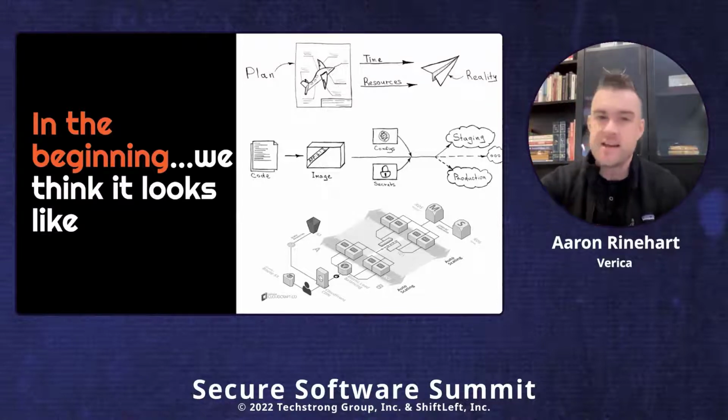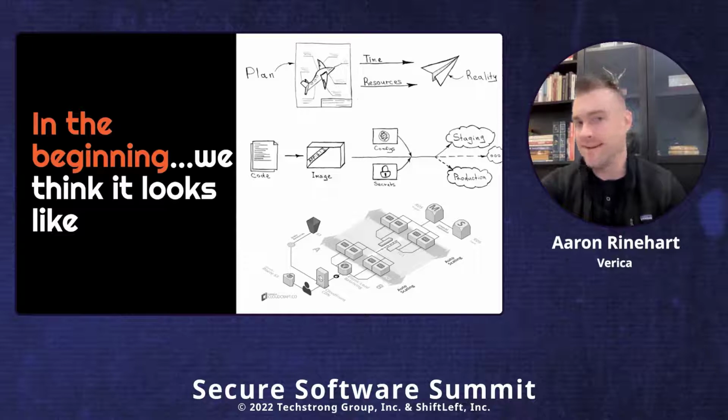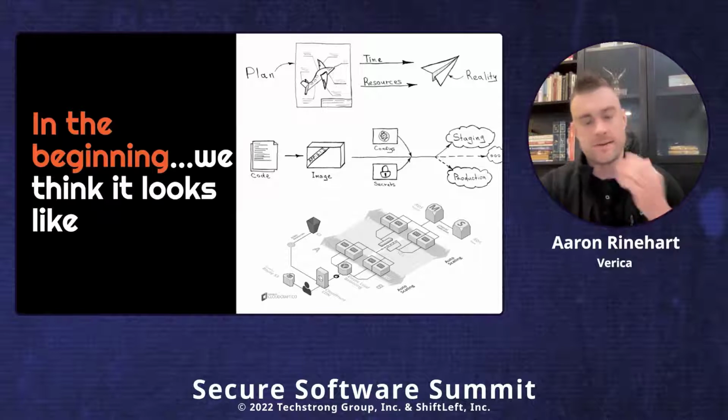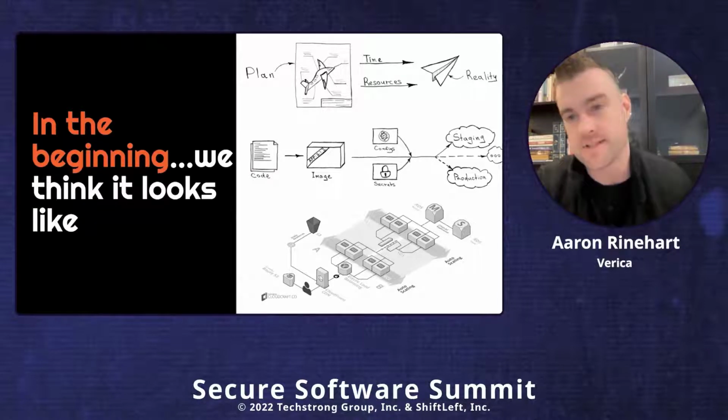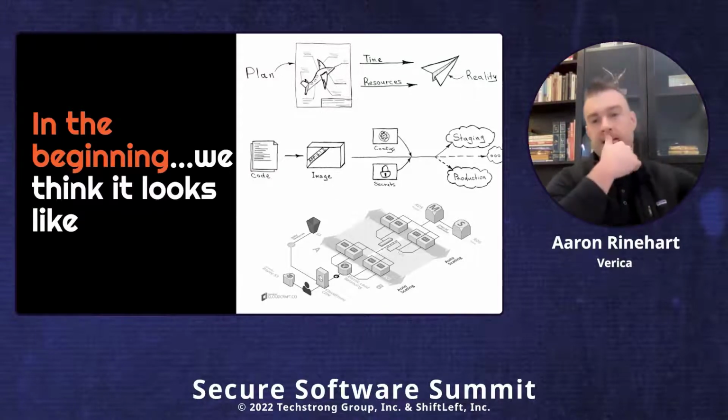We have a plan. We know how much time we have. We always need more time for software, right? We have the resources, our code repositories, our Docker images, our different environments, our lower environments, our upper environments, staging, prod, QA. And then, of course, we have that nice 3D diagram of our AWS instance that we're going to deploy to, right?